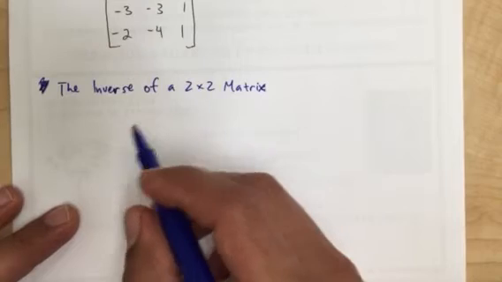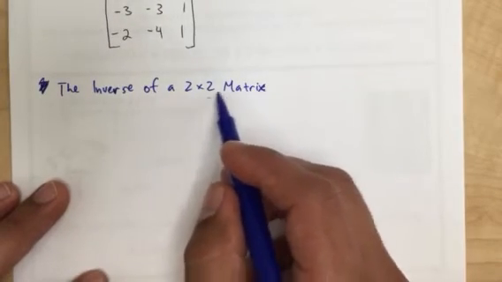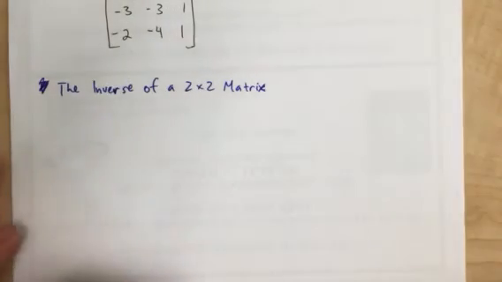There's a formula for finding the inverse of a 2 by 2 matrix, and we're going to talk about that formula right now. This formula only works for a 2 by 2 matrix, so keep that in mind as we go through this.